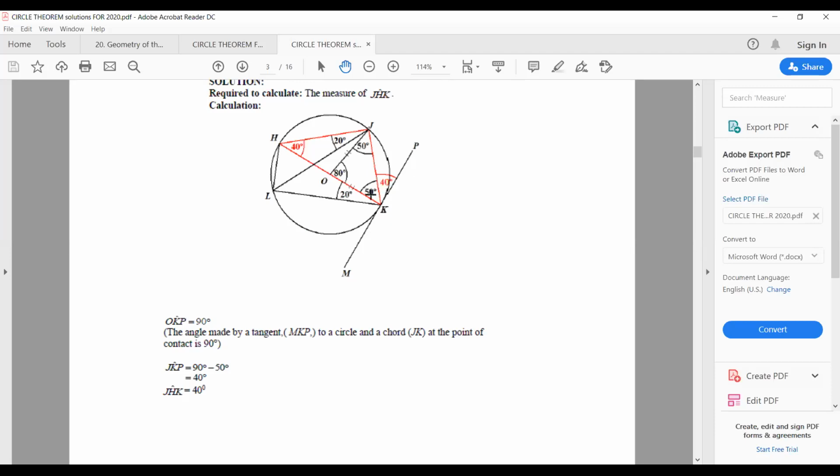So 50 plus something gives us 90 degrees, so we just say 90 take away 50, and we would have gotten 40. So there were two ways in which you could have done this question.